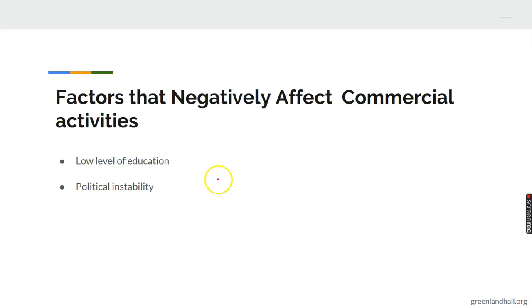So even the information that was available, it was very difficult for people to access it and take advantage of it because of the fact that the level of education was very poor.